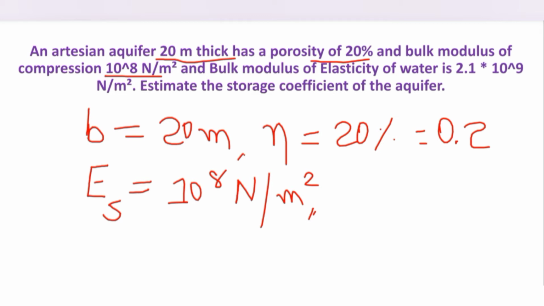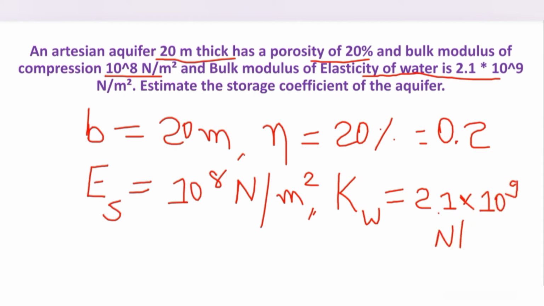Then the bulk modulus of elasticity of water, we denote as Kw, and it is equal to 2.1 into 10 raised to 9 Newton per meter square. We have to find the storage coefficient of the aquifer.